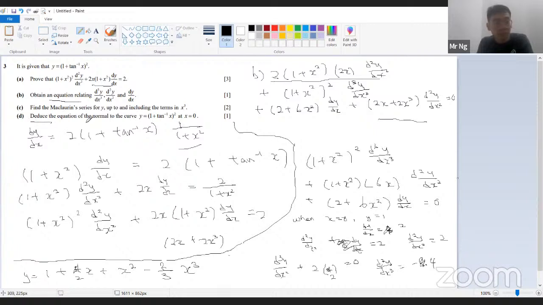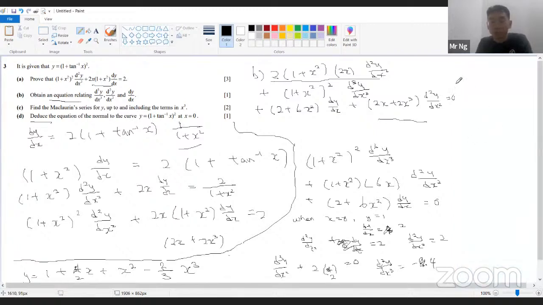Okay, maybe it will be relevant to this. I don't know. Find the equation of the normal at x equals 0. Okay, so when x equals 0, your dy/dx is equal to 2. Okay, so your equation of the normal is y minus 0 equals minus half x minus y minus 1.